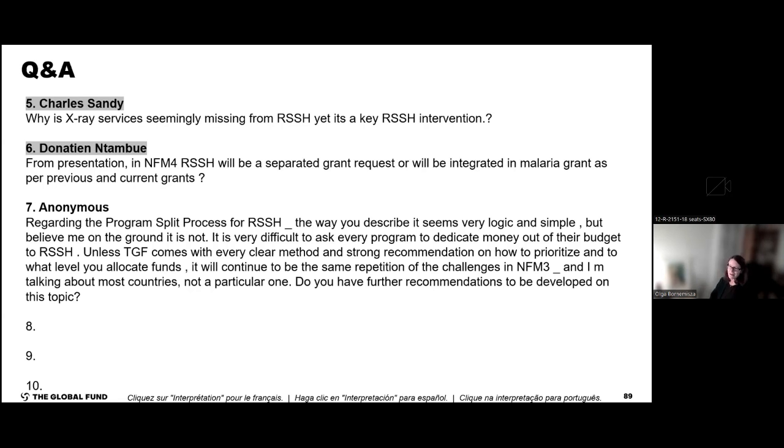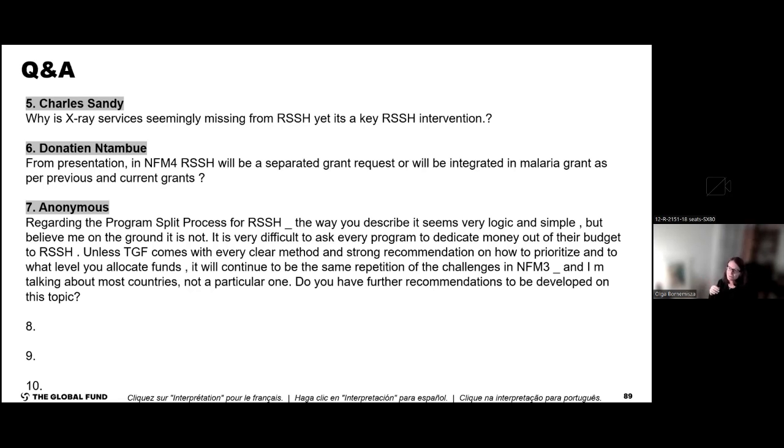Okay, so you're absolutely right. It's not easy to do. The idea of asking for it upfront in the program split is to stimulate and incentivize the CCMs and the disease communities to come together and have the conversation. It will be an earmark. So it will be a certain percentage from each of the diseases where they agree, based on their discussion around the annex, that they want to put a certain percentage of the total portfolio towards RSSH.